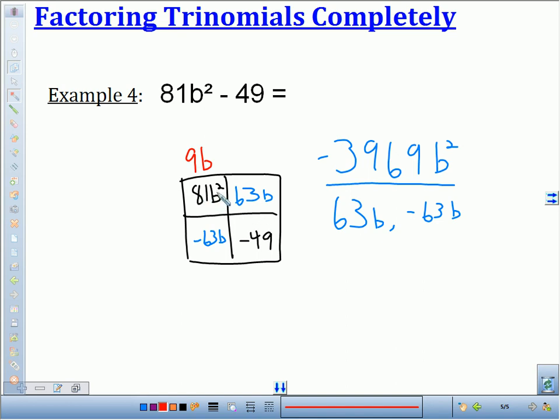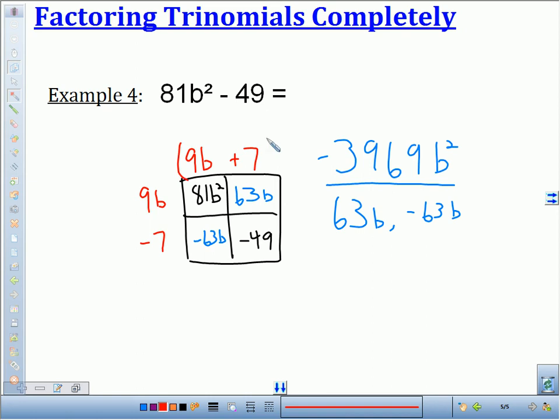Since this is also 81b squared and this is 63b, it's positive this time, it must also be the factor over here. Now I make 9b become 63b by multiplying it by 7. I make 9b become negative 63b by multiplying it by negative 7.